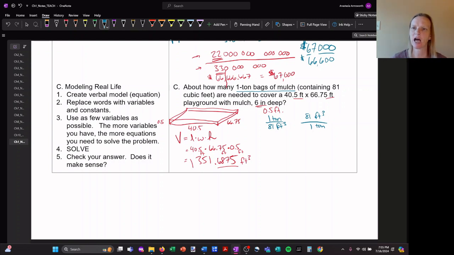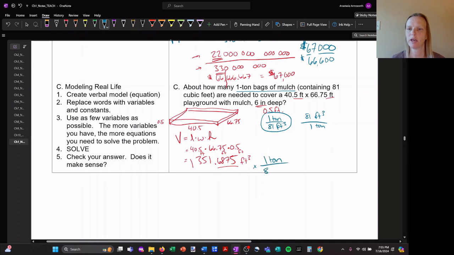Looking at this, I want to choose the conversion factor that gets rid of cubic feet and converts to tons. So if I multiply this number by 1 ton over 81 cubic feet, the cubic feet disappear because they got divided away, and cubic feet divided by cubic feet is just no units.